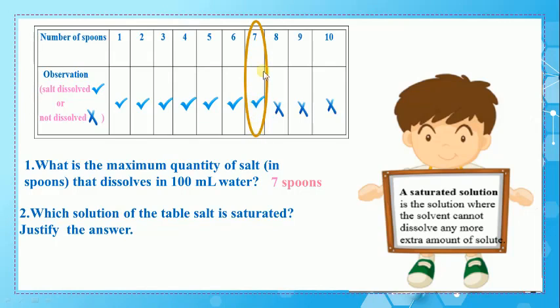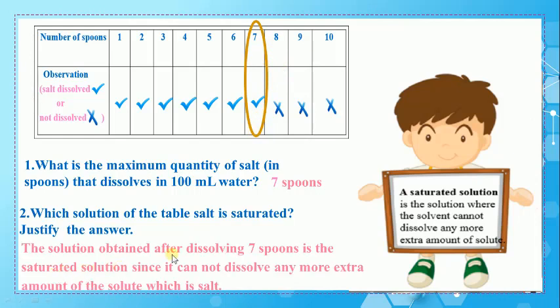Can water dissolve more than 7 spoons? No, since the 8th spoon is not dissolved in water. So we can say that the solution obtained after dissolving 7 spoons is the saturated solution, since it cannot dissolve any more extra amount of the solute, which is salt.